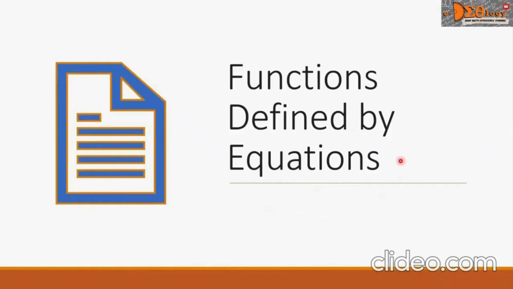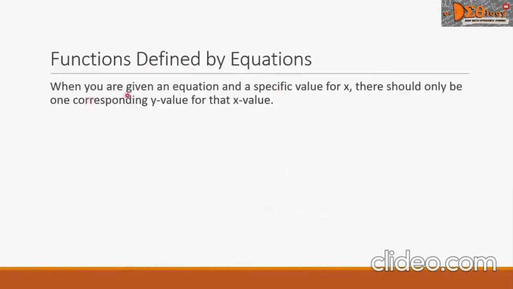Functions defined by equations. When you are given an equation and a specific value for x, there should only be one corresponding y value for that x value. Let's have example 1. The equation y equals x plus 1.